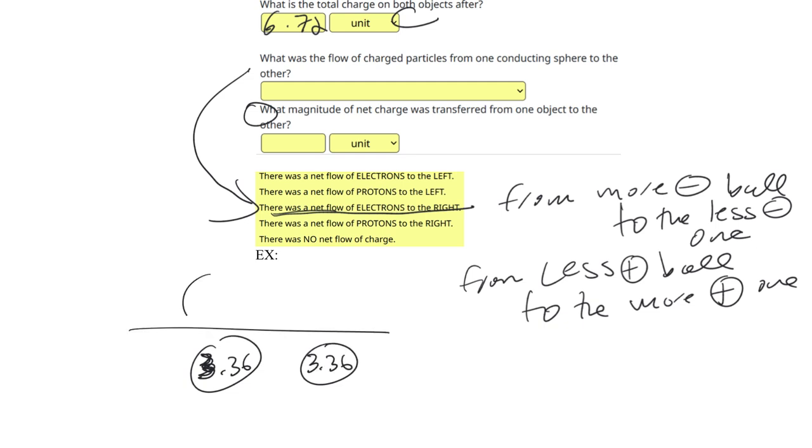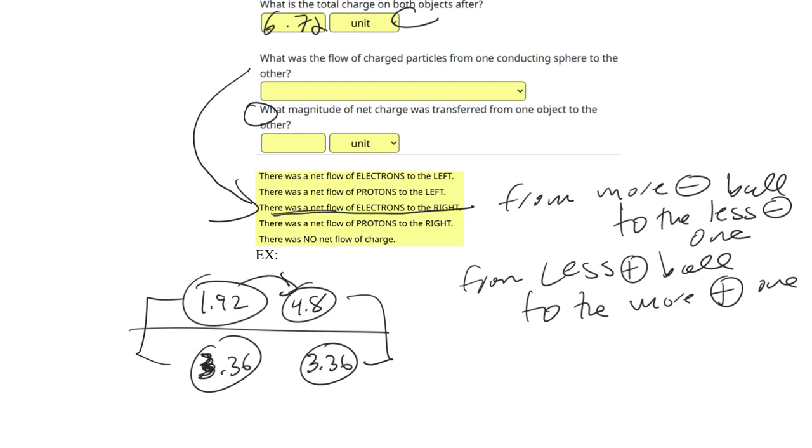This is after, but before, what were they? So to figure out how much charge went from there to there, all I gotta do is subtract these two.